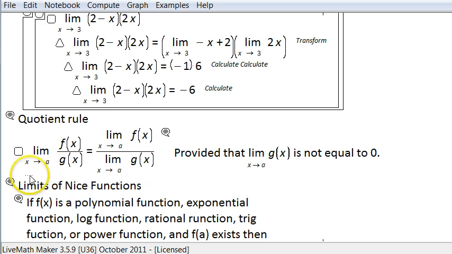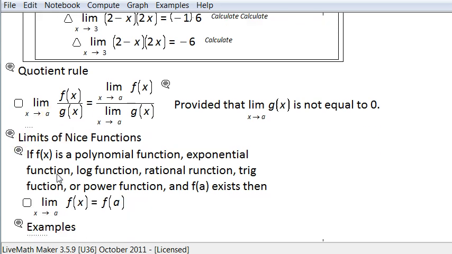Now, I want to look at a little bit more here before we move on. There's nice functions. If a function is a polynomial, an exponential, a log, a rational function, a trig function, a power function, essentially pretty much every function we've ever worked with, then if the function exists at that point, so if f of a exists, then the limit as x goes to a of f of x is f of a.